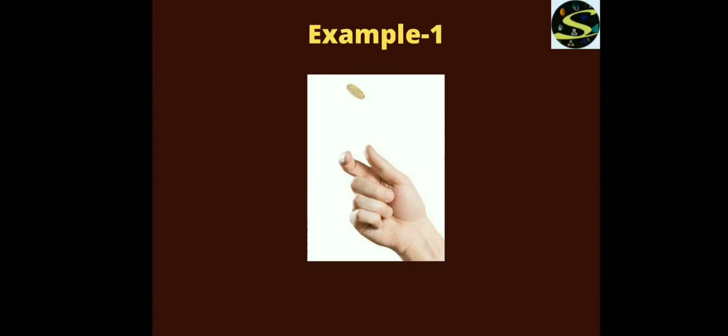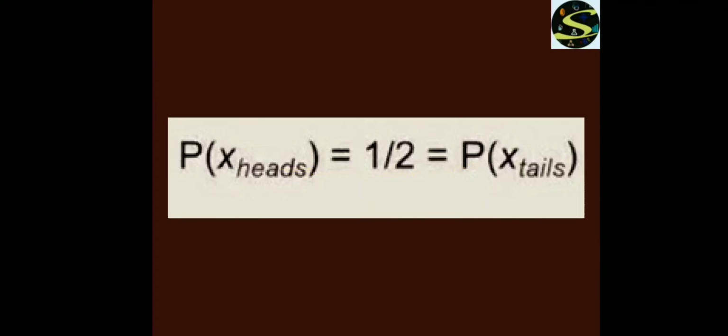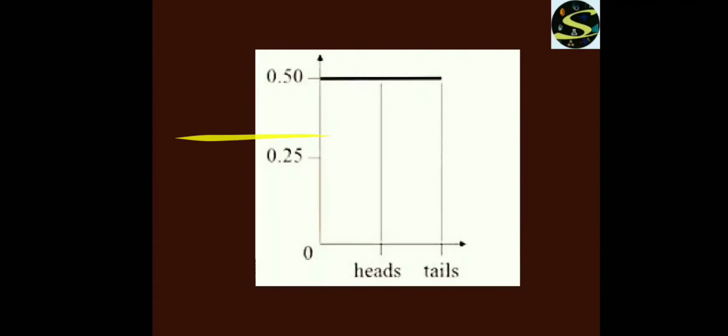Let's look at our coin flip. It has 2 outcomes, heads or tails. The probability of each outcome is the same, and it is half. If we graph that, we can see that for heads we have a probability of half. If you see on the y-axis on the left, it goes up to 0.5, and for tails it's also the same.